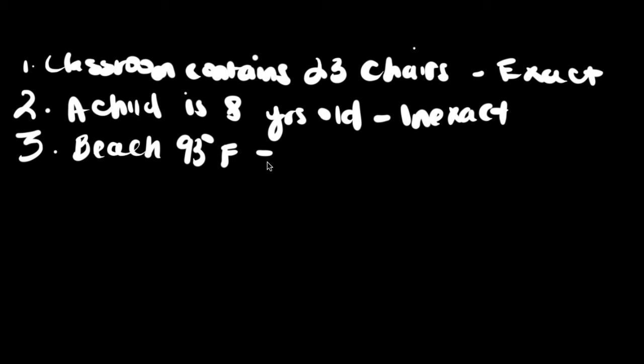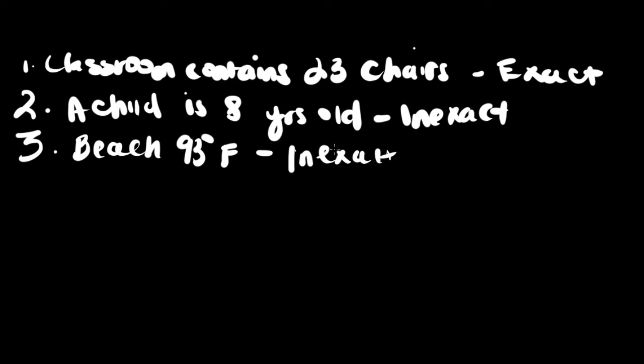It may be 93 at the time, but there could be more precision to that. It's a whole number again, but don't let that trick you. It could also be 93.1 or 93 point something. It's not always going to be 93 on the dot. So this is inexact.